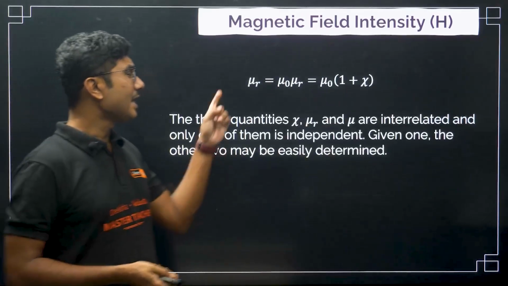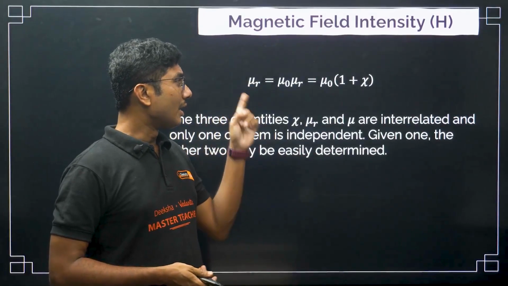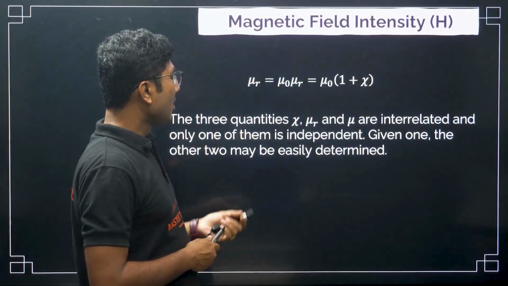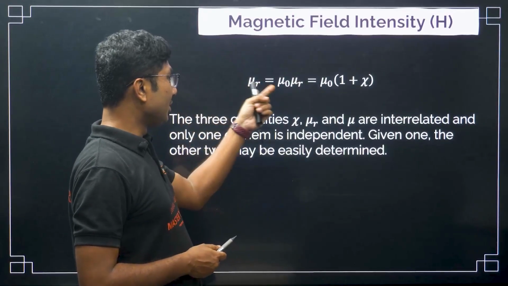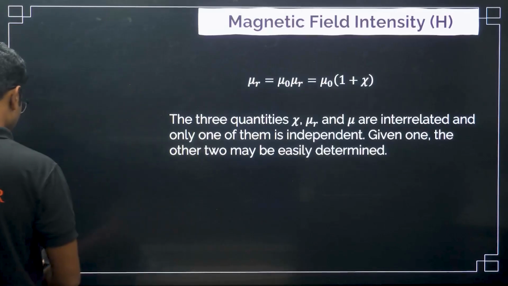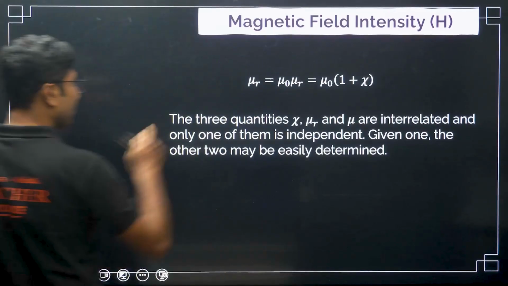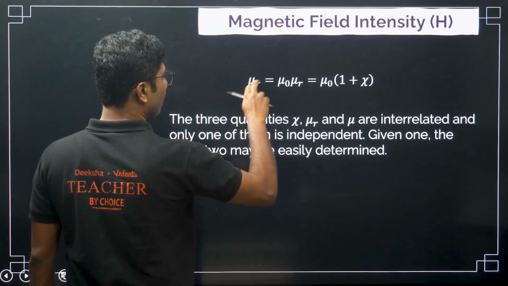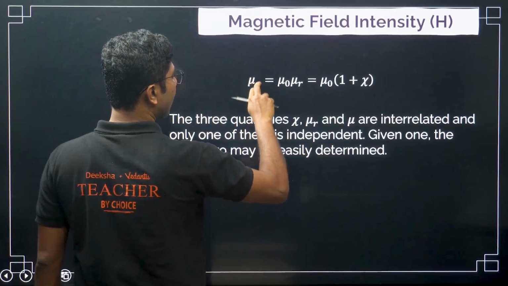Now, mu equals mu naught into mu r. Sorry, one mistake over here, this is mu. Mu is the permeability of that particular medium.